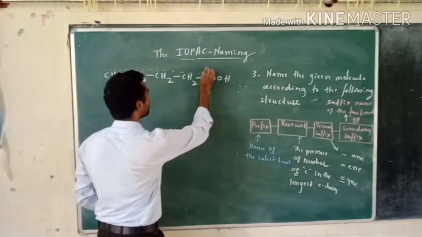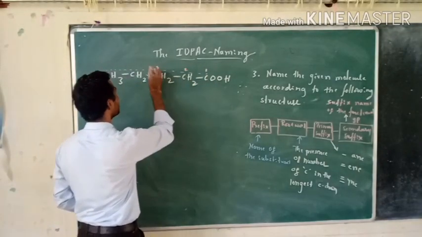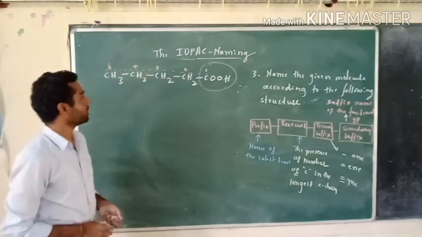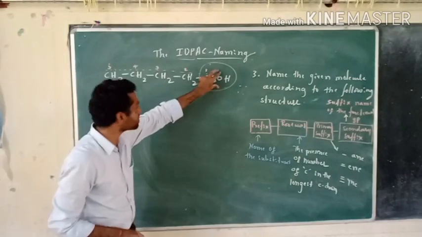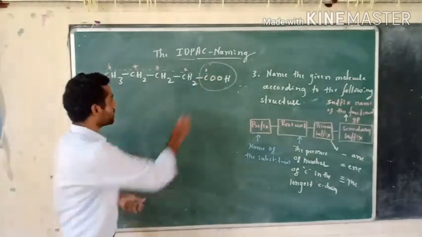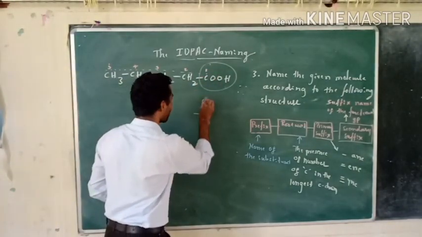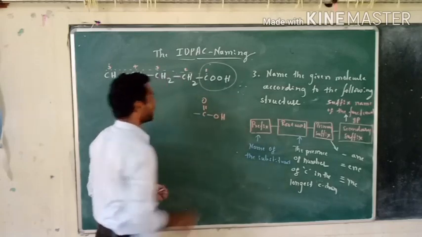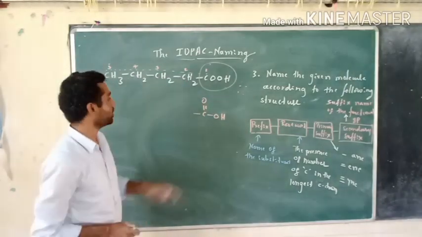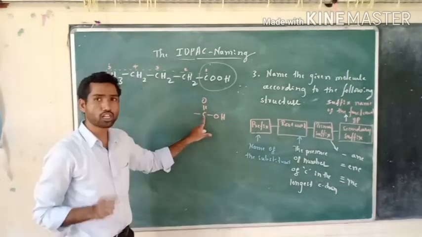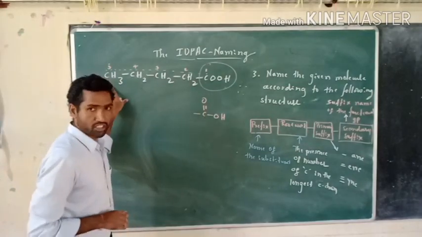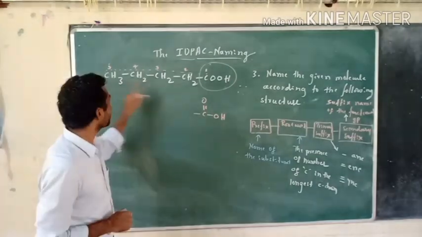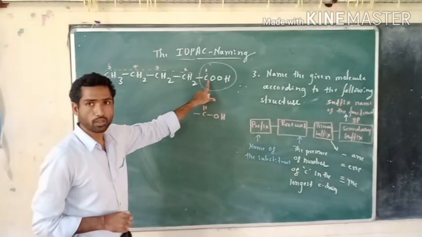So I number from this side, 1, 2, 3, 4, 5, because the lowest number should be given to the carbon bearing the functional group. This group is nothing but the functional group, C double bond O, OH. While identifying the longest carbon chain, we have to consider this carbon also as a part of the chain. So there are 5 carbons in this longest carbon chain, numbered according to the second rule.